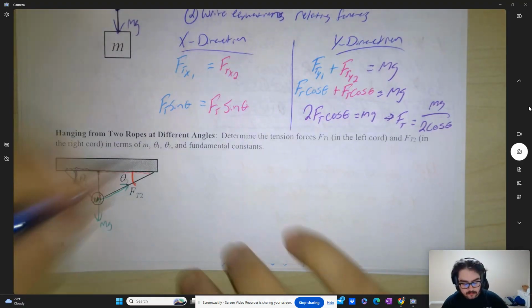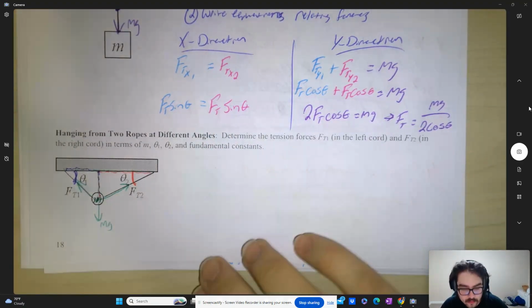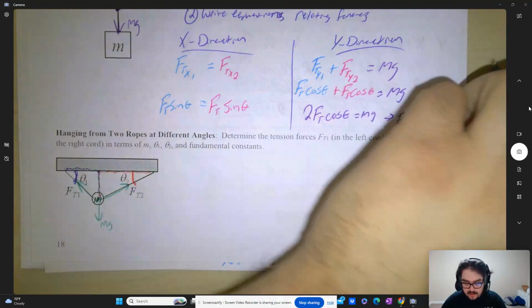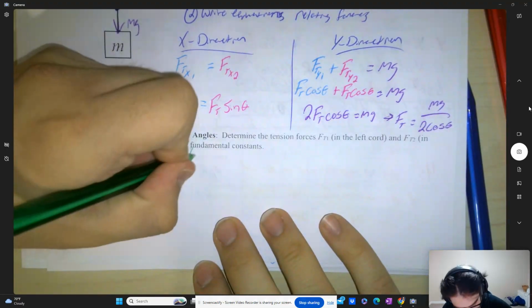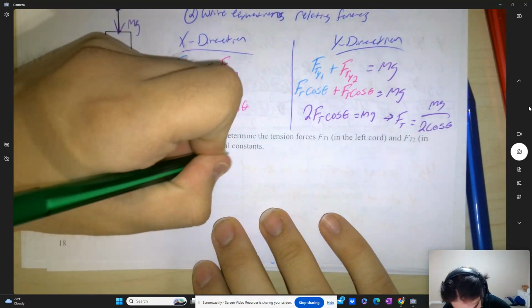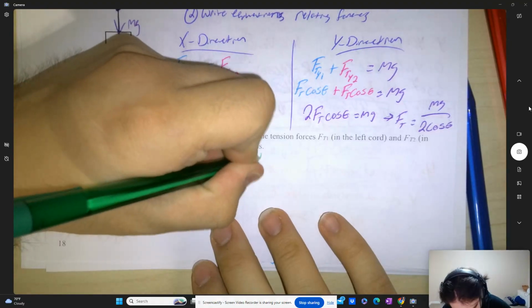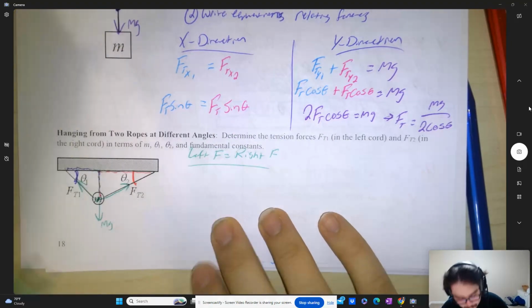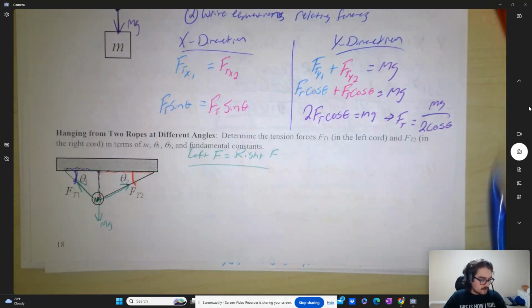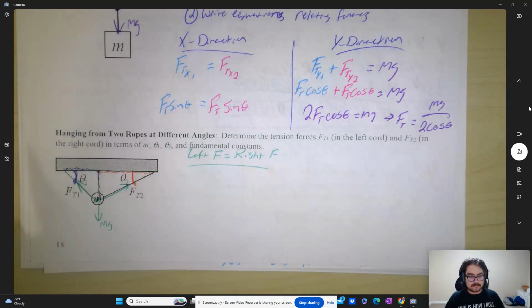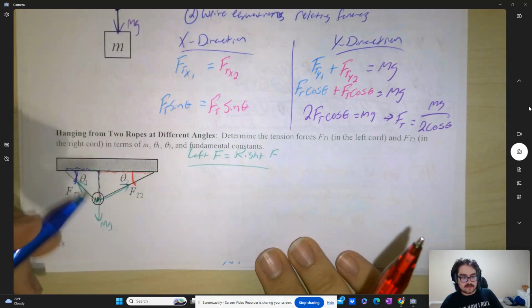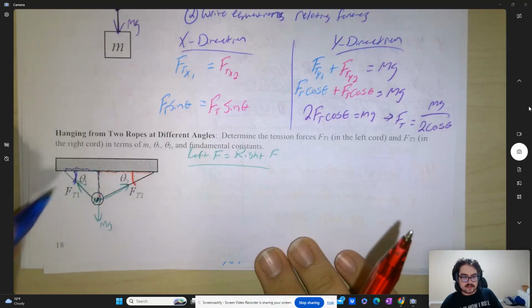okay? So first and foremost, we need to look at our horizontal or x direction, right? We should see that the left forces must equal the right forces, okay? That makes sense because if the object's at equilibrium, the only left forces that are there are the x components of the tensions.